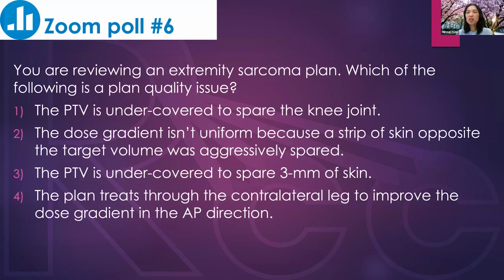Yeah, just a quick question. What MR sequence is used for sarcoma? There's generally a typical T1 and T2 pair. Occasionally there'll be a T1 with contrast, although, oh shoot, I'm thinking of the spine SBRT again.